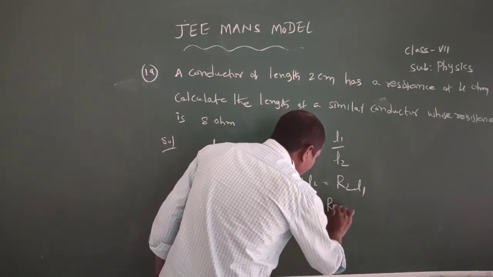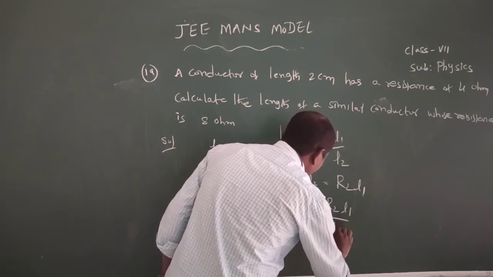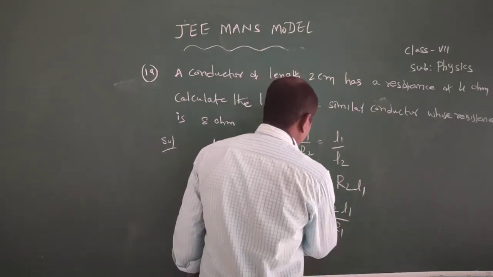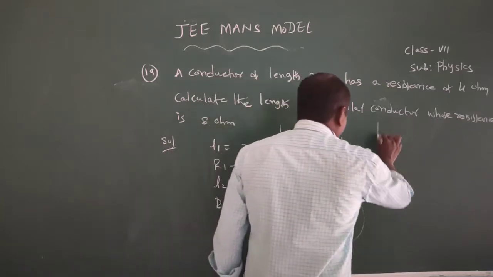L2 equals R2 into L1 by R1, which is the formula to find the L2 value.